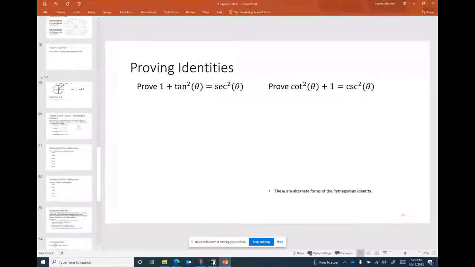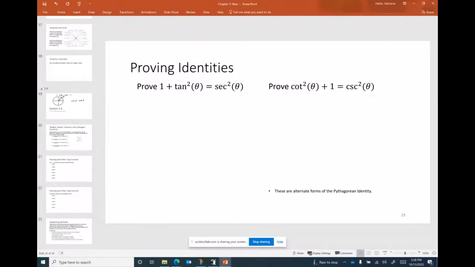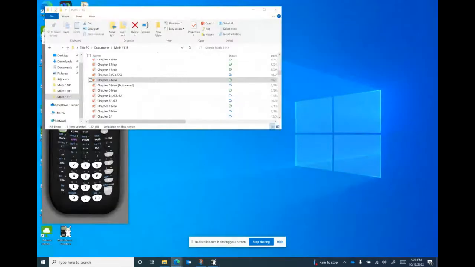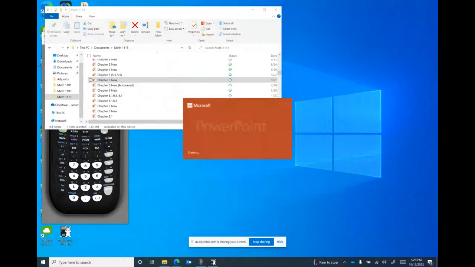Let me just close this and bring it back up again, and then my page will be back if it'll reopen. Here it comes.